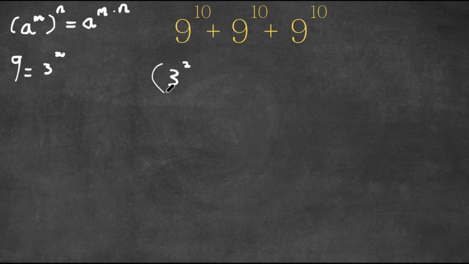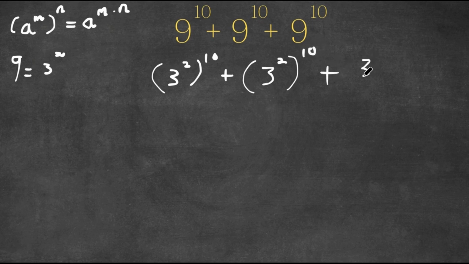So we have 3 squared to the power of 10, plus, again, 3 squared to the power of 10, plus 3 squared to the power of 10. Now, as you can see, all three of our terms are in the form a to the power of m to the power of n, and remember that is equal to a to the power of m times n.